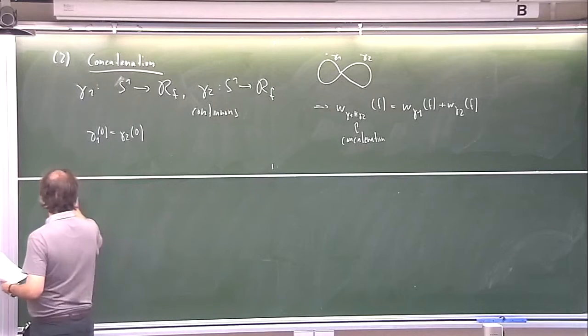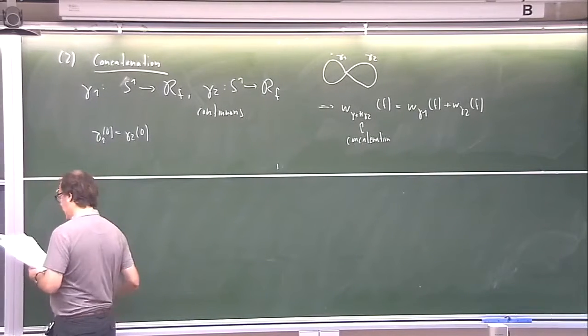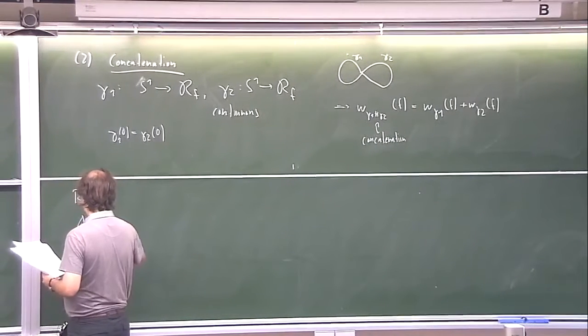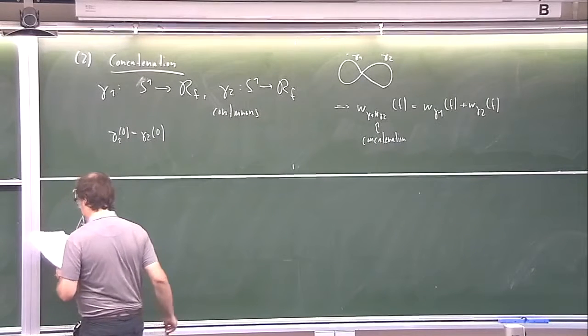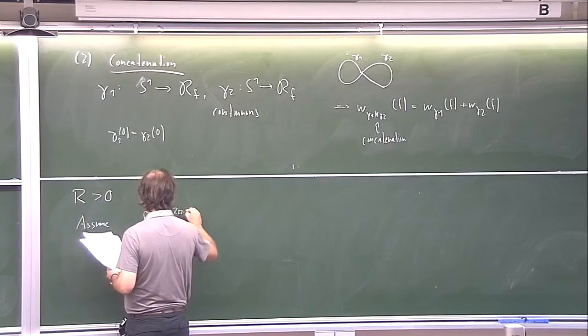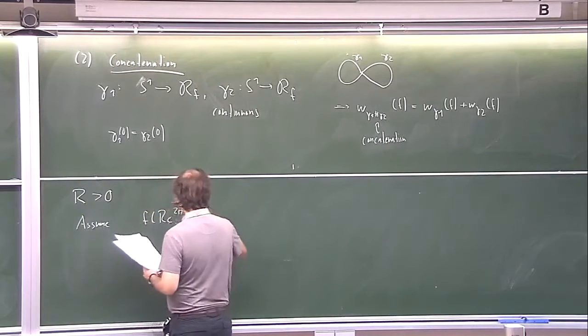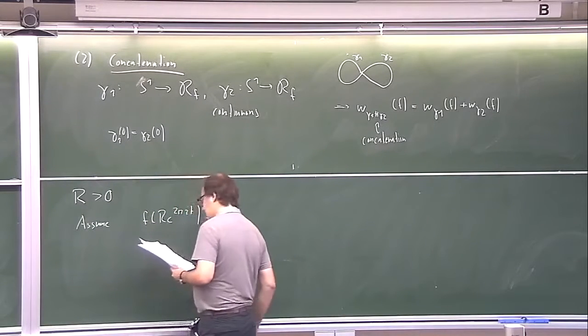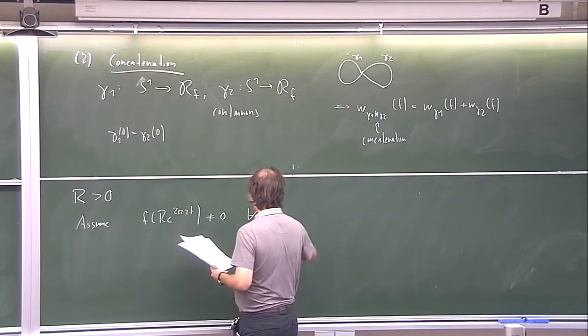Now let's pick a big R, bigger than 0, and assume that f of r e to the 2 pi i t is never 0 for all t in S1.